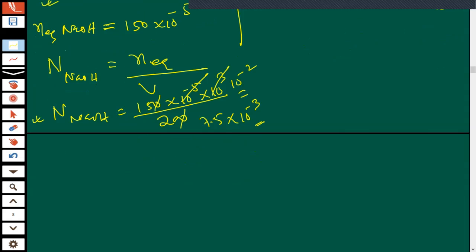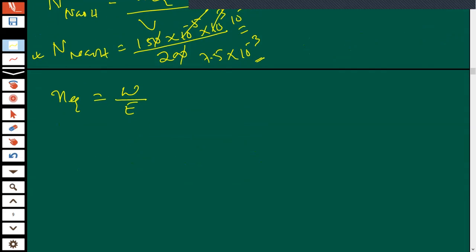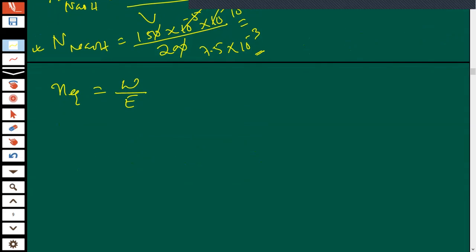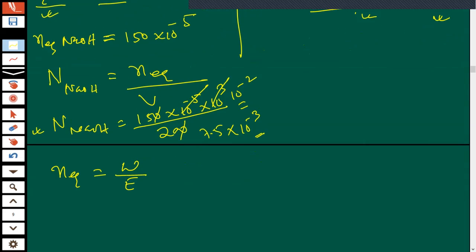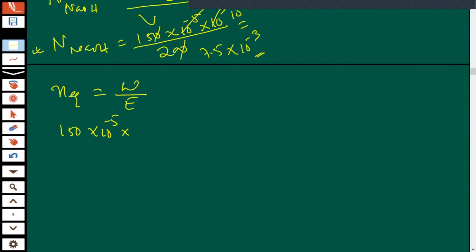Now we have to calculate the weight also. For weight we have the formula: number of equivalent is equal to weight by equivalent weight, right? So what is the number of equivalent? 150 into 10 to the power minus 5, into, what is the equivalent weight of NaOH?